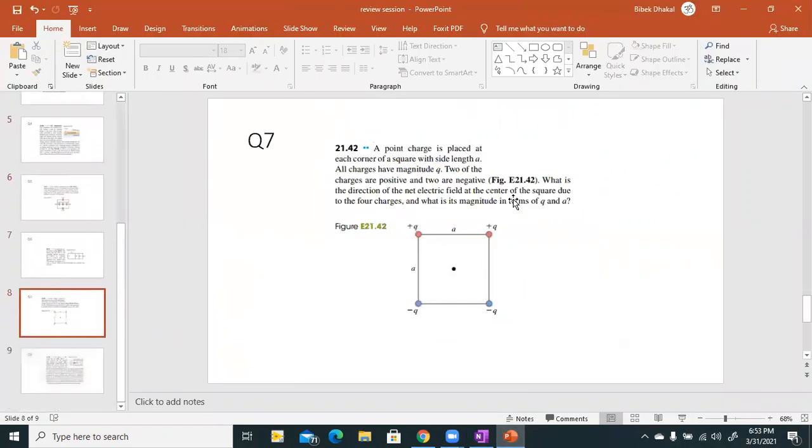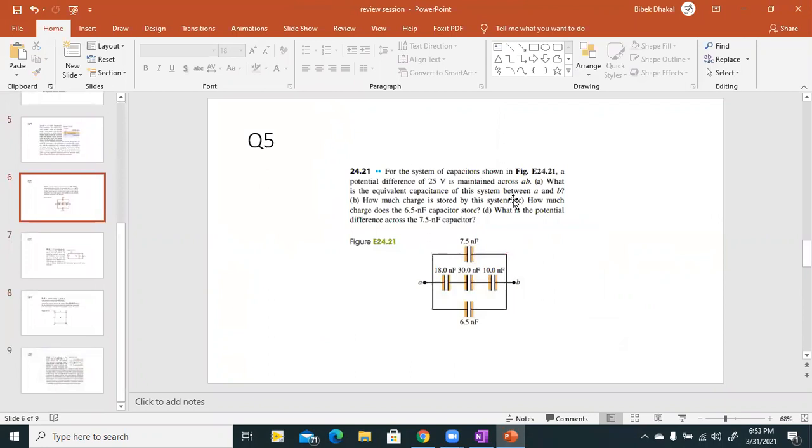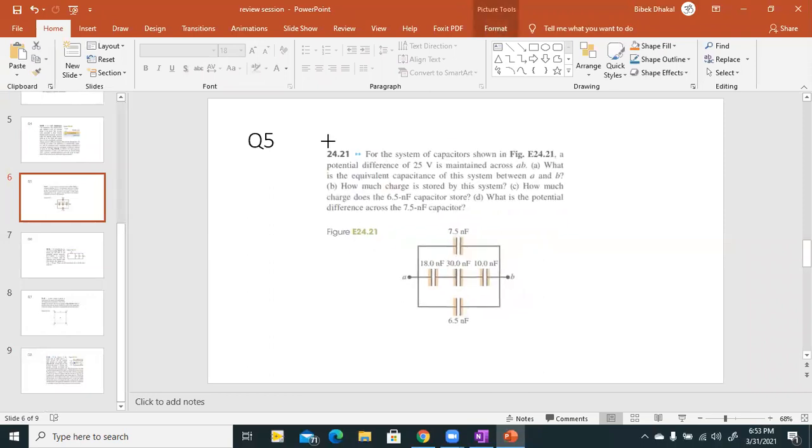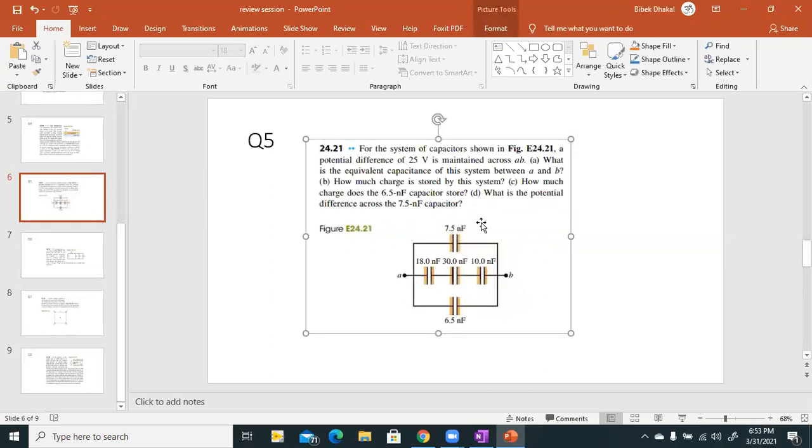Okay, so problem number 5. It's a capacitance problem. There are multiple capacitors here. You need to find the equivalent capacitance between point A and B, and the charge stored by this whole system combined.